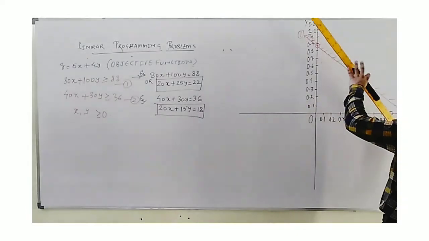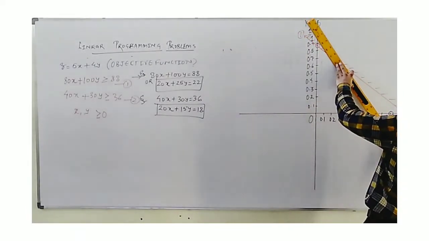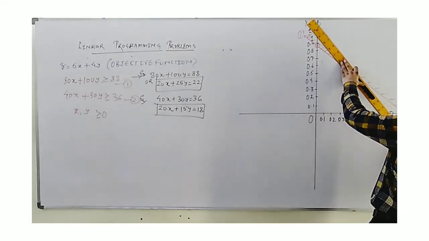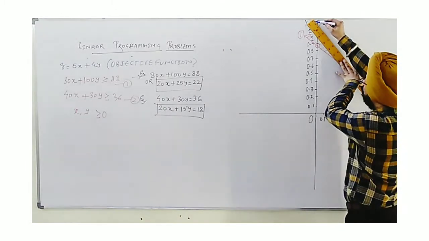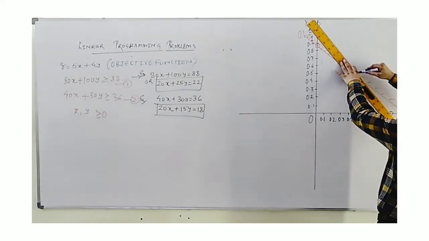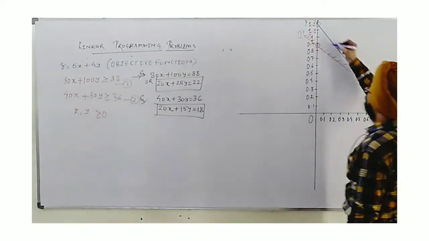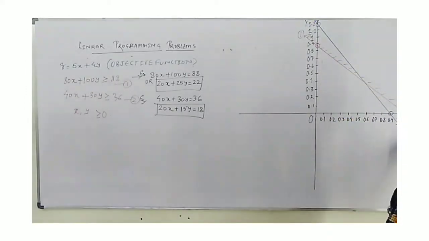So we will join these 2 points to get the second line. Now we have obtained the second one. You can write here too.